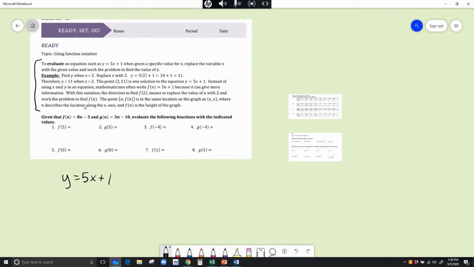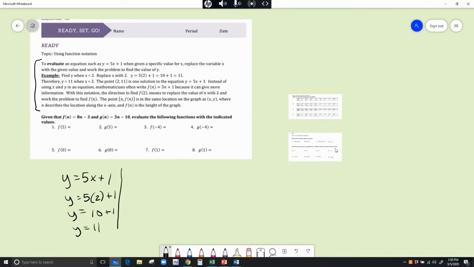So basically, if I said, hey, x equals 2, then I would plug in 2 here for x and then solve for y, right? So we'd figure out that it equals 11, okay?